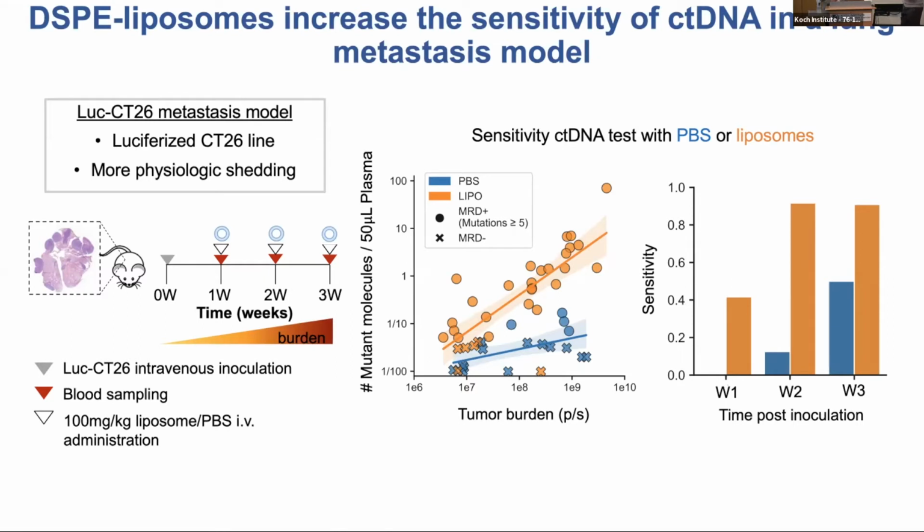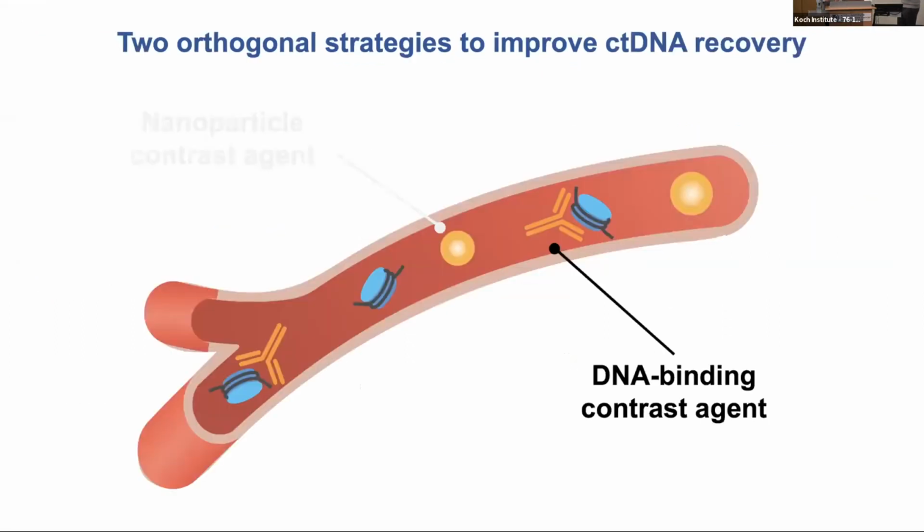And this resulted in higher sensitivity across all 3 weeks with our liposome treatment relative to the PBS treatment. And with that, I will hand over to Shervin for the second part.